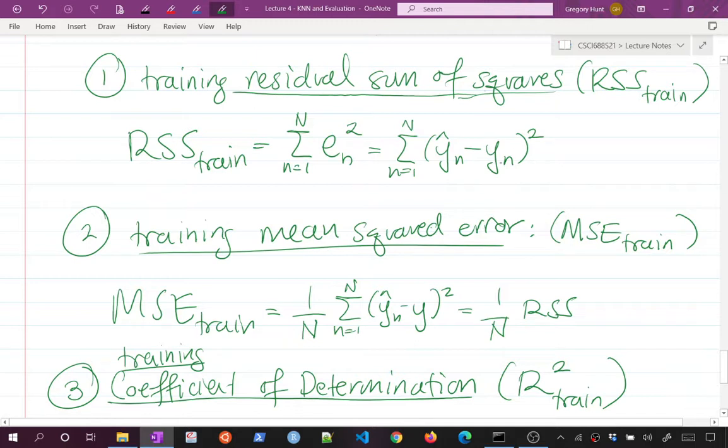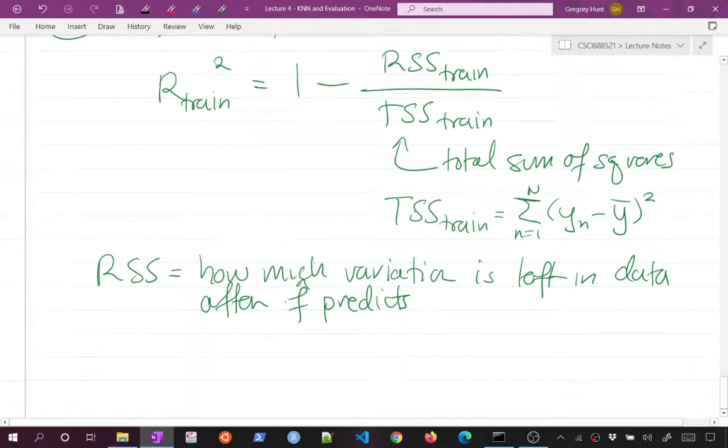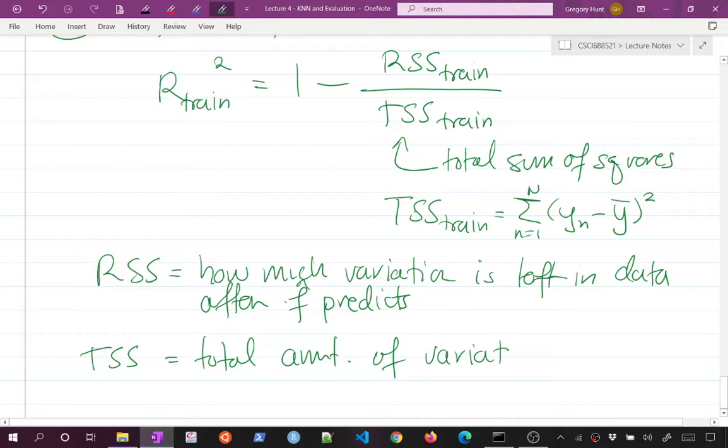So if I take y_n and remove the part that is predicted by f hat, how much is left over? And we look at the sum of squares, kind of the variance of those. So it's basically the variation left over after I remove y hat. TSS is basically the total amount of variation. TSS looks almost exactly like a sample variance. In fact, if you divide by n, it's basically a sample variance.